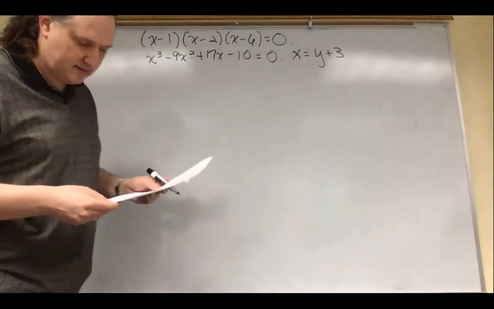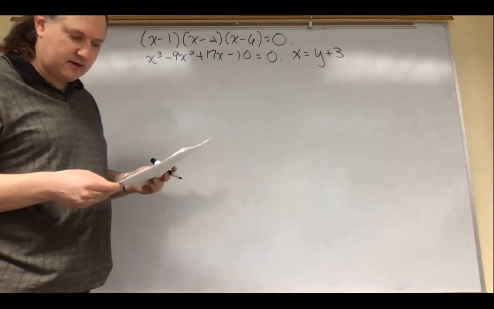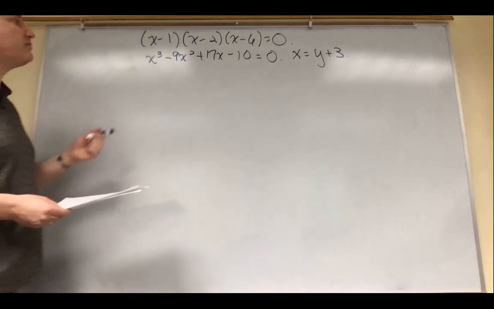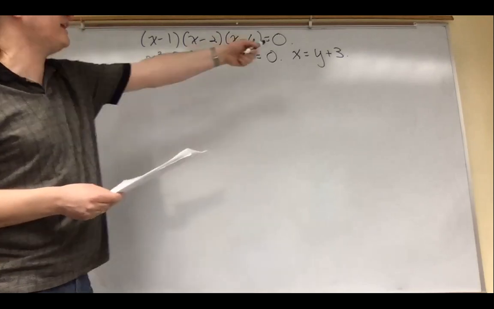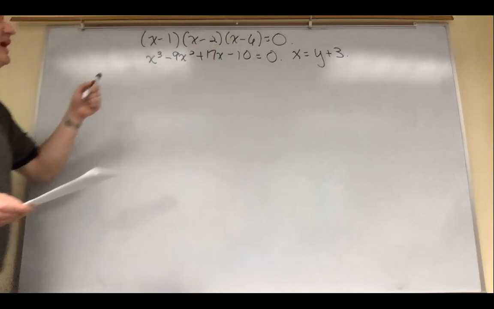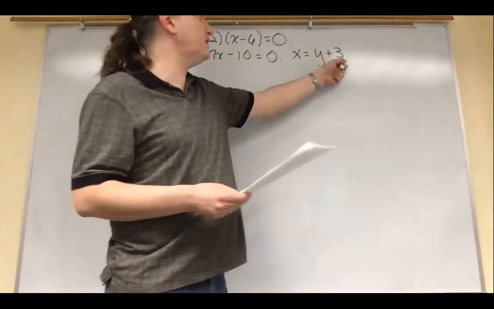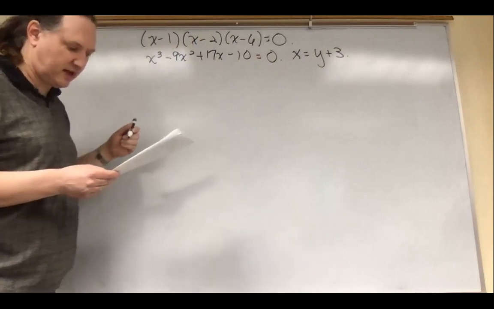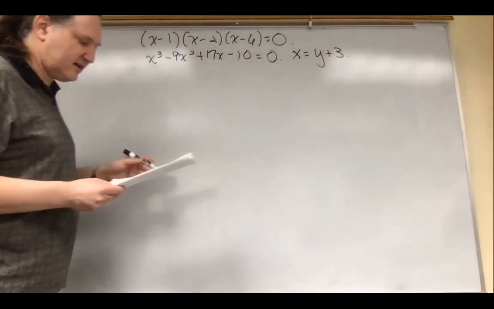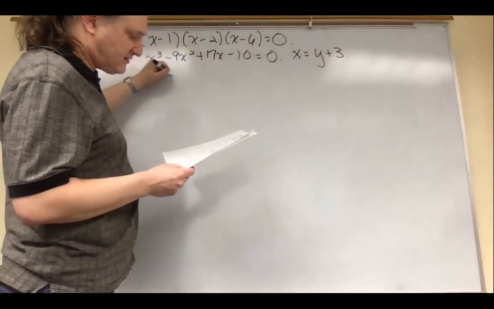If we let x equal y plus 3 and put that in for x, then part of that expansion will have a 3 times 3, which will give me a 9, and it'll cancel that 9, and it'll be great. So when we do that, it cleans up as we expect it will.